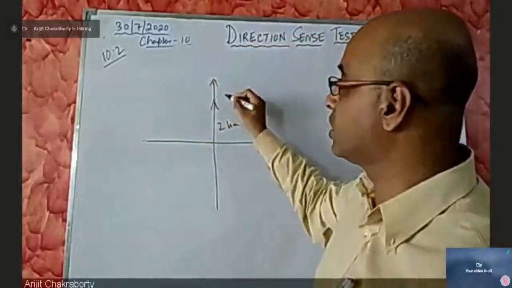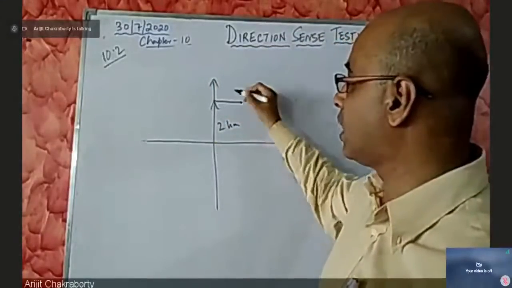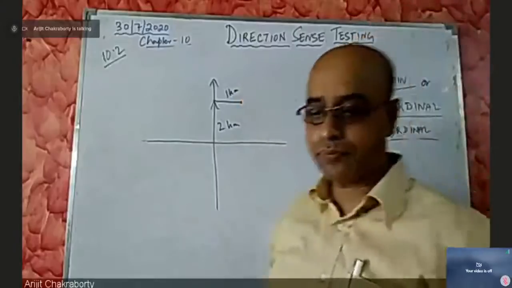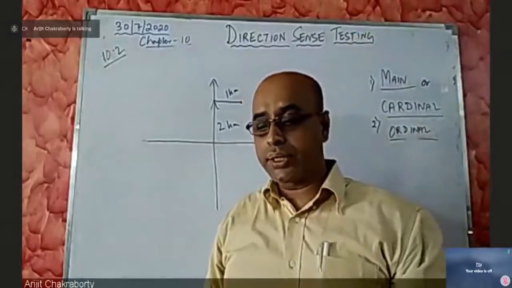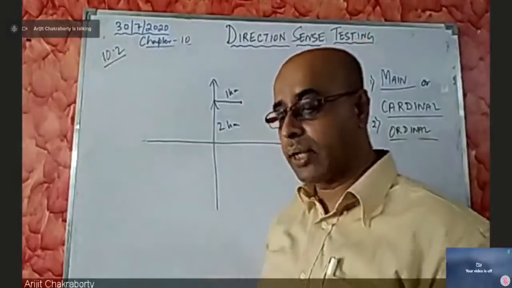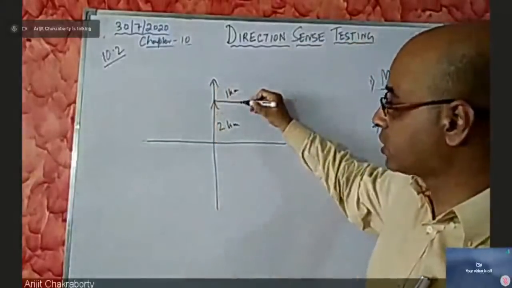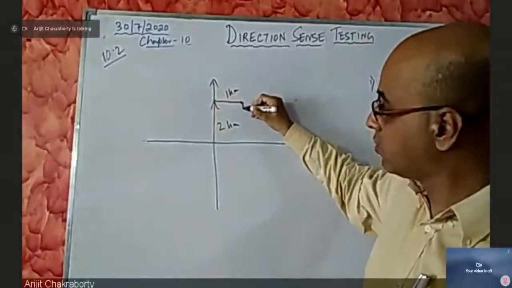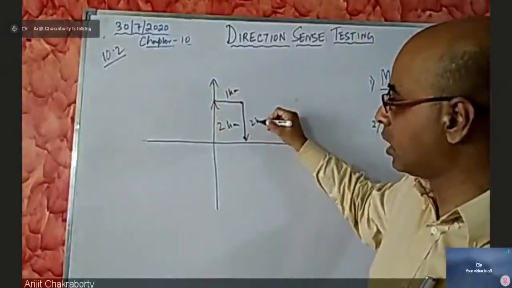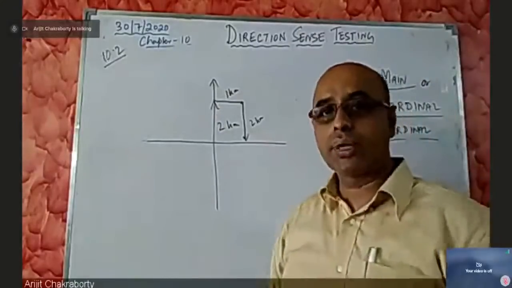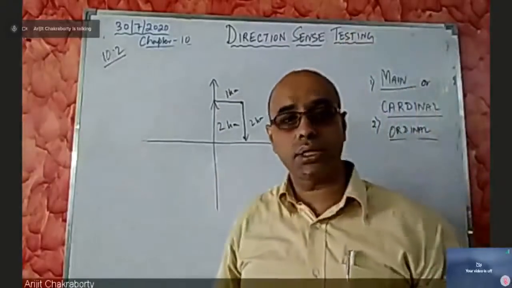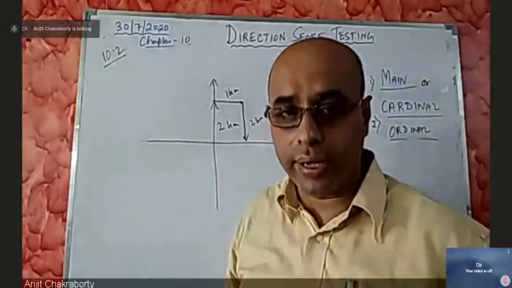So at this stage she moves towards the right and covers 1 kilometer. Then she takes a right turn again and walks for 2 kilometers. So at this stage again a right turn and walks for 2 kilometers. Question is, in which direction is she going?